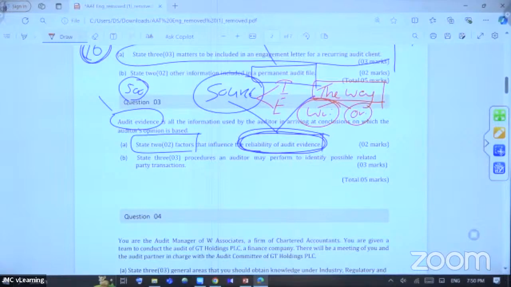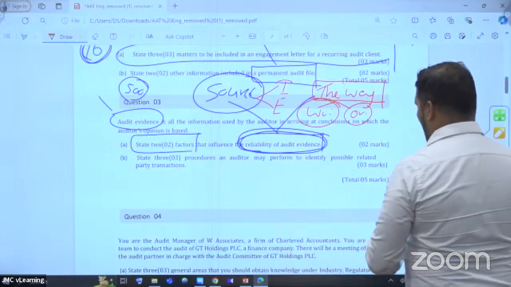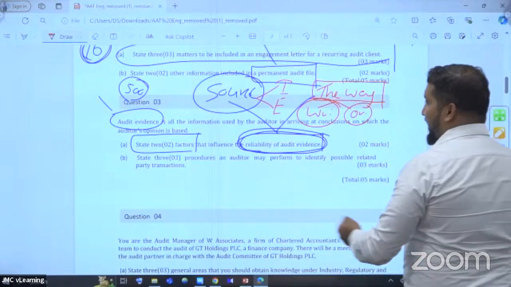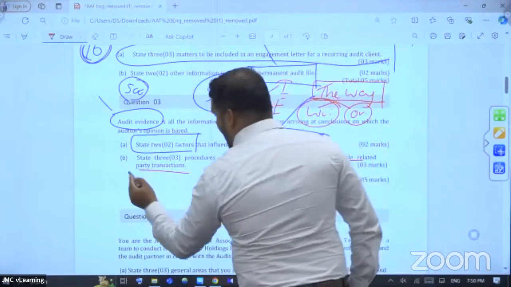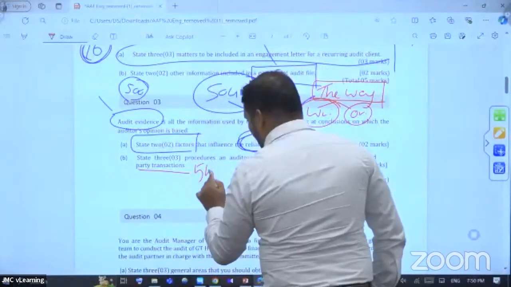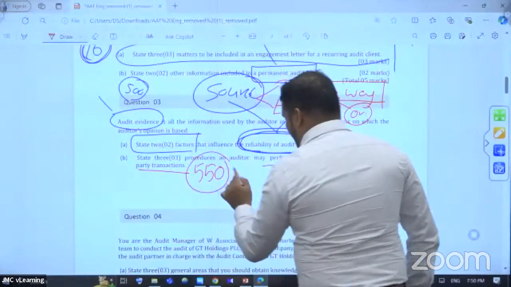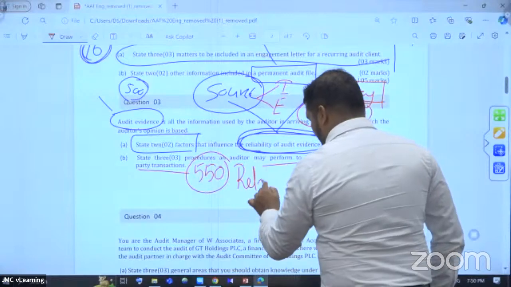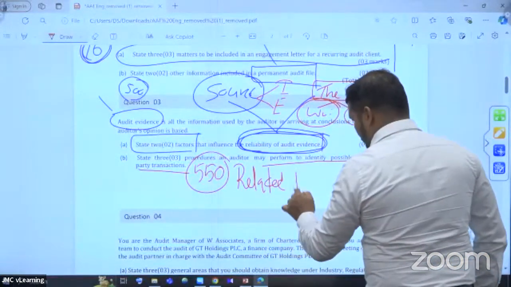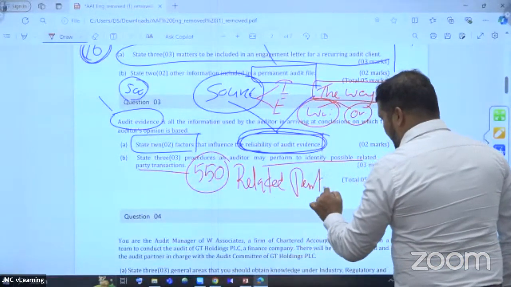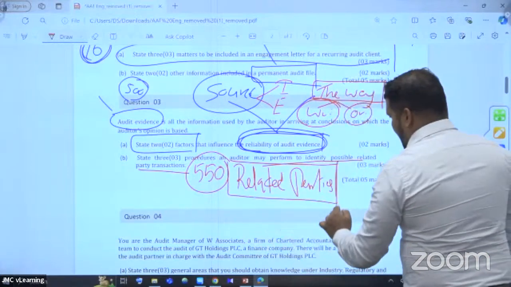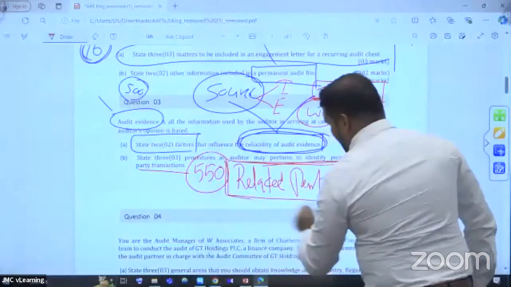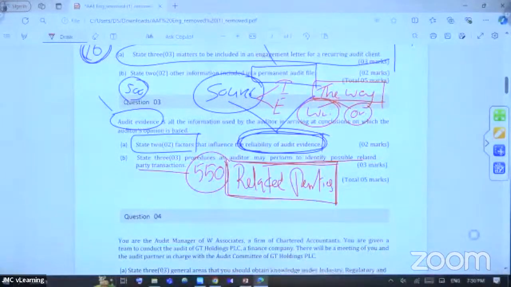Then state 3 procedures that the auditor performed to identify the possible related party transactions. So this has been tested from related parties, SLS 550. When we are discussing the related party standard, we have identified the procedures the auditor is supposed to perform.